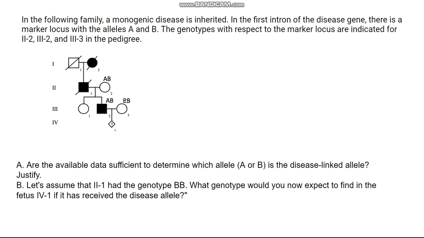So the only possible thing here is that this person will have the genotype capital B, capital B, and he will have the disease allele from this father. So that is the genotype we would expect to find in the fetus in generation 4-1 if he has received the disease allele from this father.